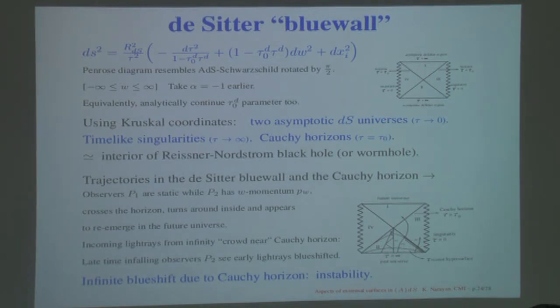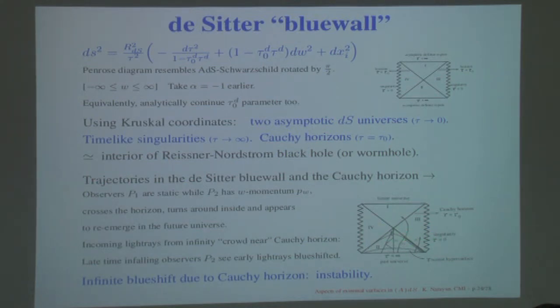Now you notice that there are these incoming light rays from infinity which are actually crowding here. These actually mean something, it turns out. They mean that the late time infalling observer in fact sees these early light rays blue shifted. You can calculate the redshift, or the blue shift, whichever way you look at it, between early time infalling observers and late time infalling observers, and you can see that the proper time lengths between them are highly blue shifted.